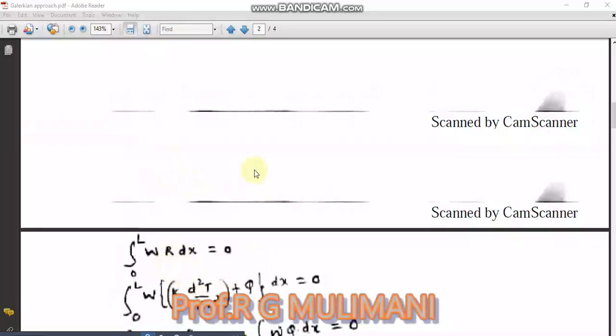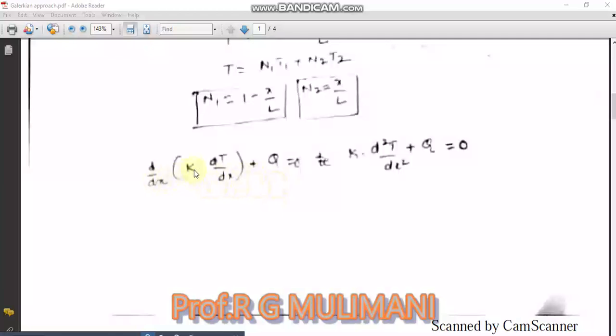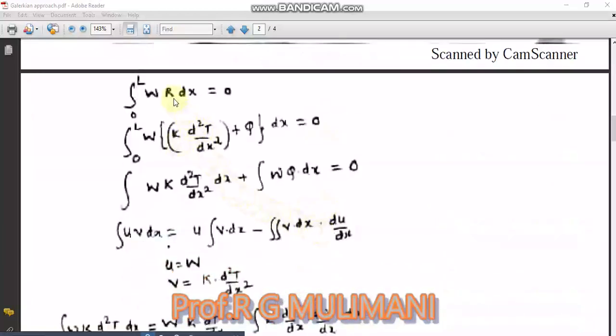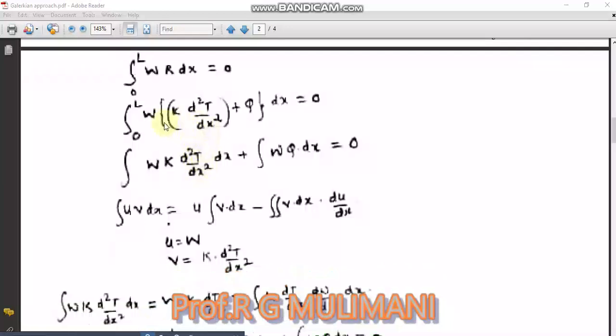It is the same: d by dx of k dT by dx plus q equals 0, which is written as k d squared T by dx squared plus q equals 0. Substituting this R value, the governing differential equation, we take two terms: the integral of W k d squared T by dx squared plus W q dx equals 0.